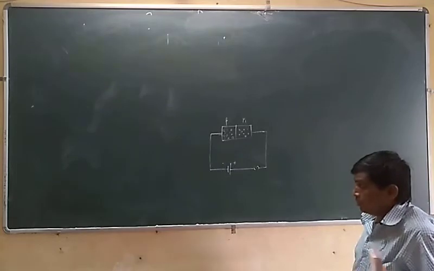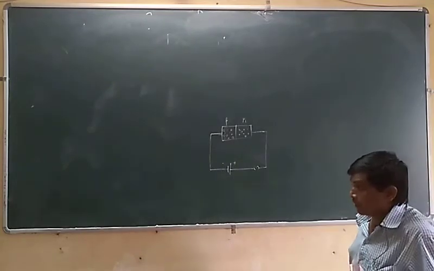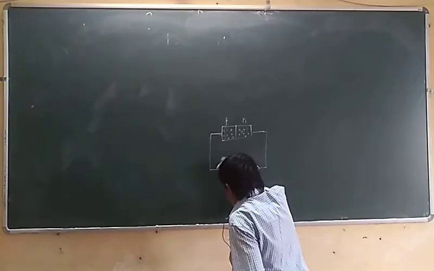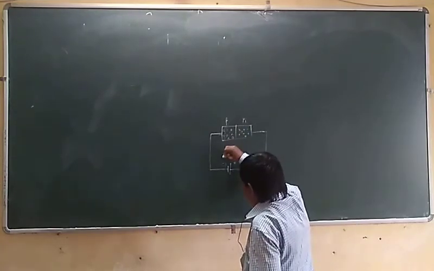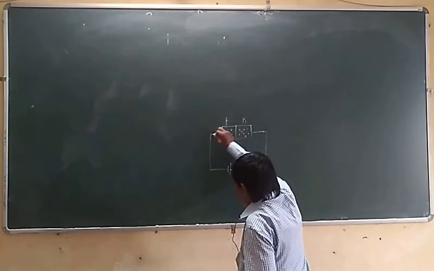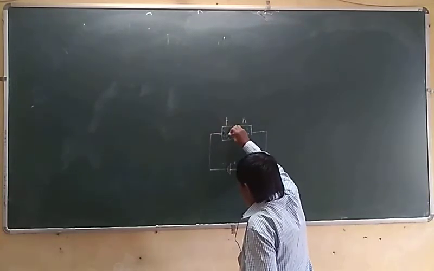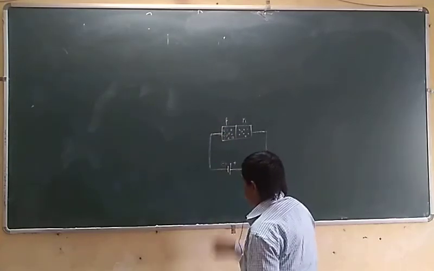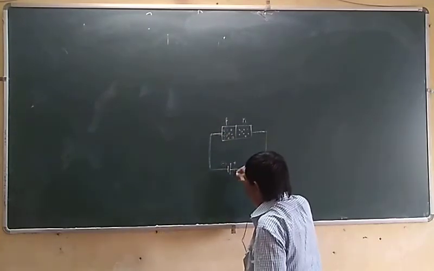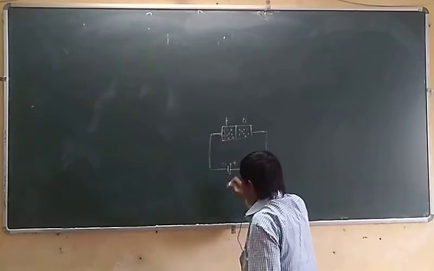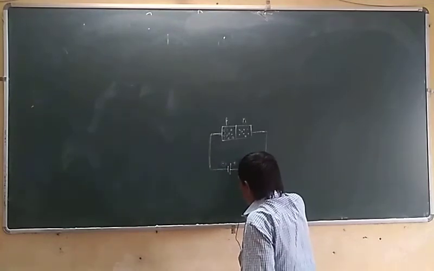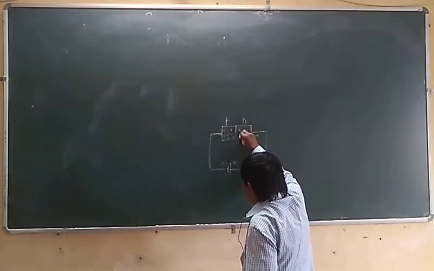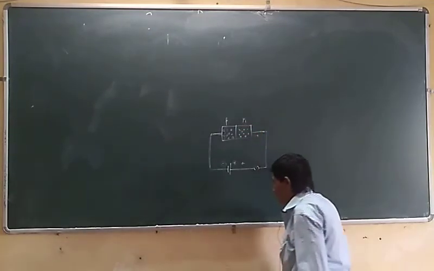We know opposite charges attract each other. This negative terminal of the battery pulls the holes towards itself, towards the battery direction, but the positive terminal of the battery pulls the electrons in the N-type semiconductor.